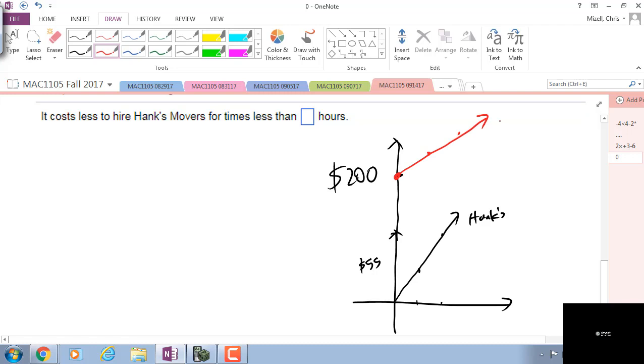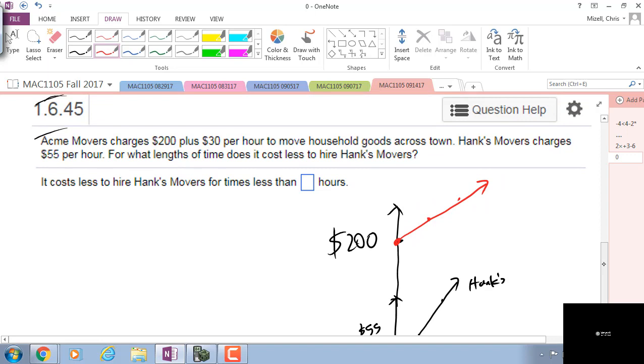At some point, Hank's cost is going to catch up with Acme's cost and overtake it. If Hank's workers drag their feet too much, at some point you're going to be paying Hank more than you would pay Acme. Let's see if we can see where that critical point is.